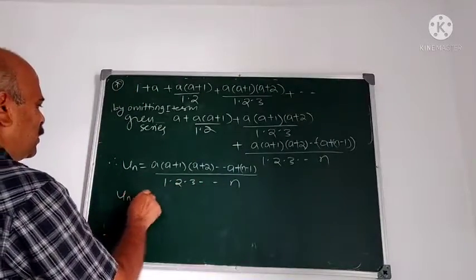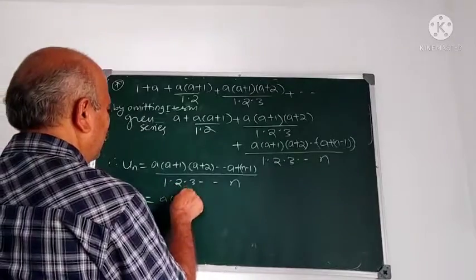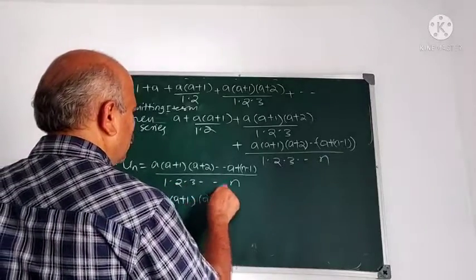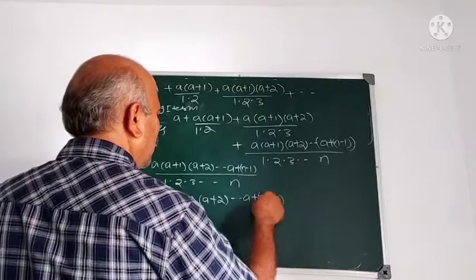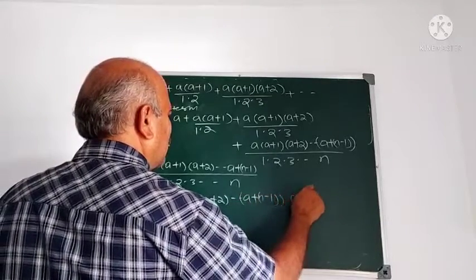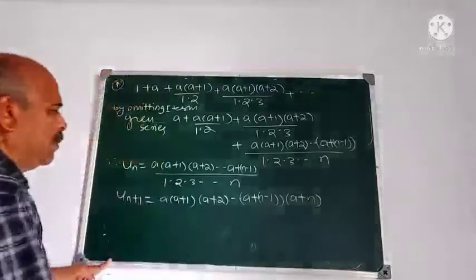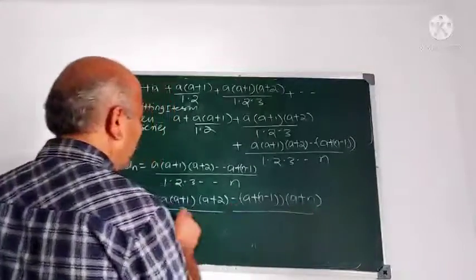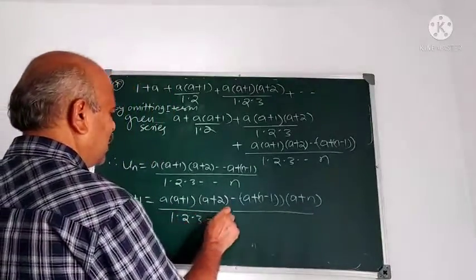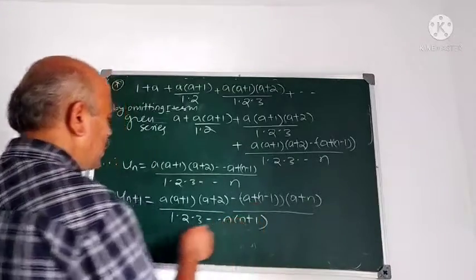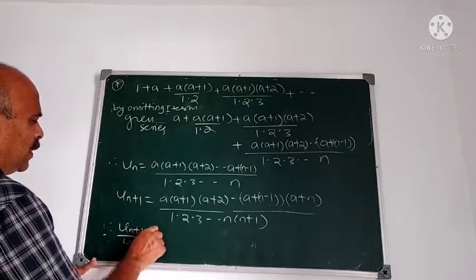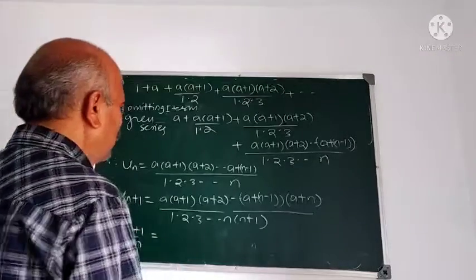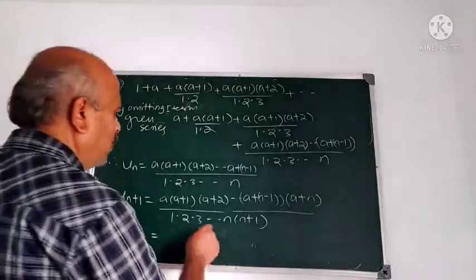Un plus 1 is a into a plus 1, a plus 2, etc., a plus n minus 1 into a plus n, divided by 1, 2, 3, etc., n plus 1. Therefore, un plus 1 by un is equal to, what is un plus 1 by un?